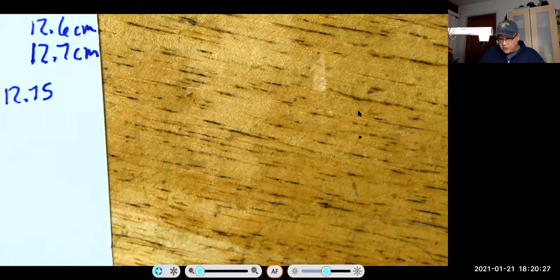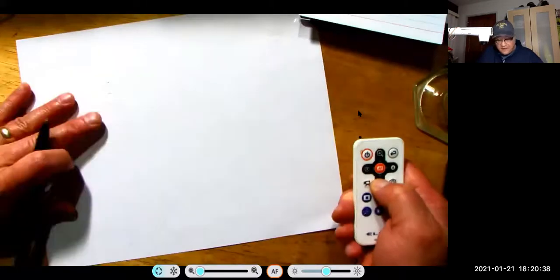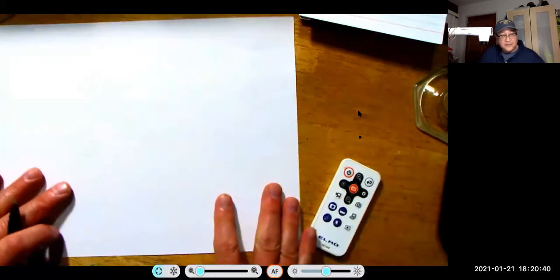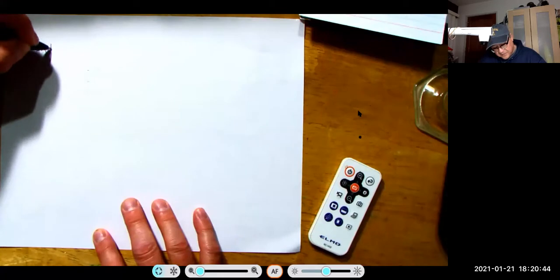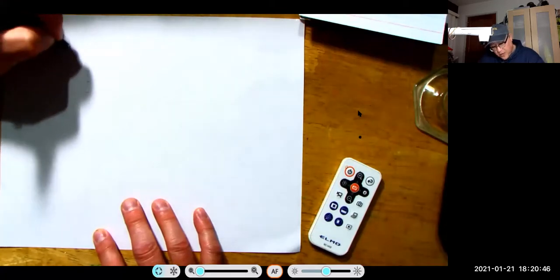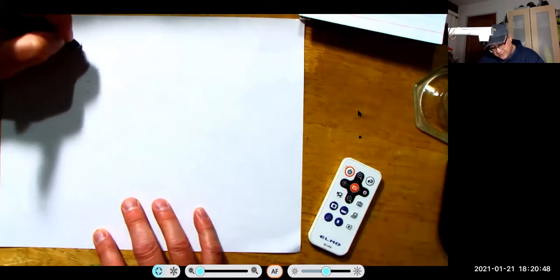So I'm going to zoom out a bit. And we're going to write this down very quickly. For the digital, you write down all the numbers.